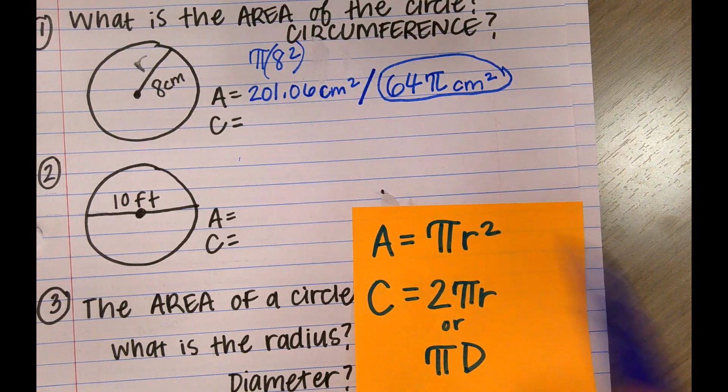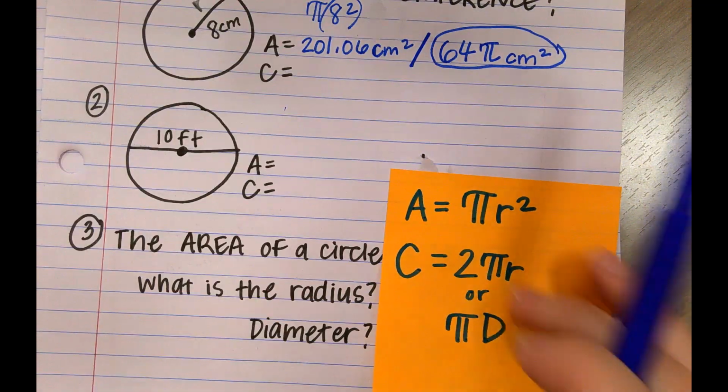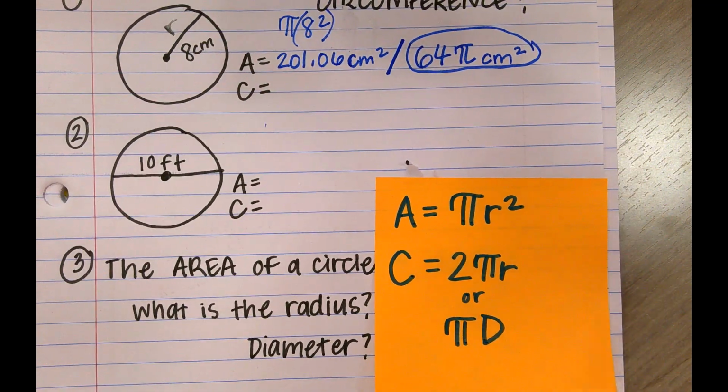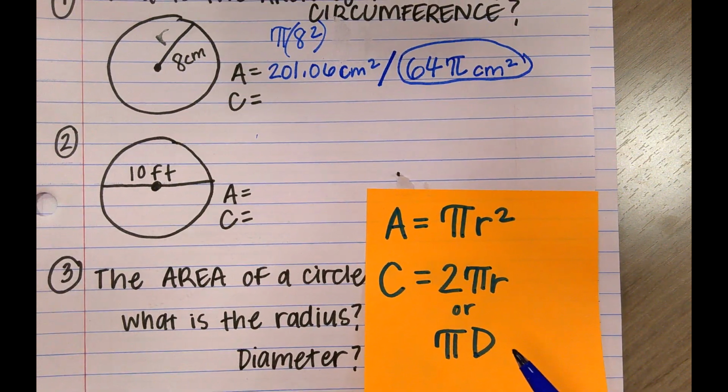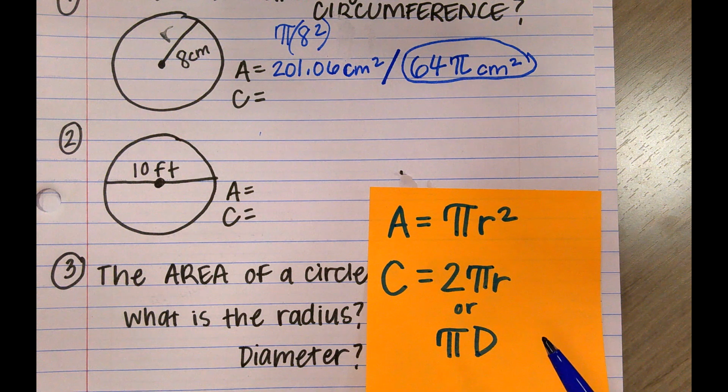Okay. So to find circumference, I've got 2 circumference formulas. Which one am I going to use? 2 pi r or pi d? Yeah, 2 pi r. We have a radius. Well, you could use d because diameter is literally just the radius times 2.